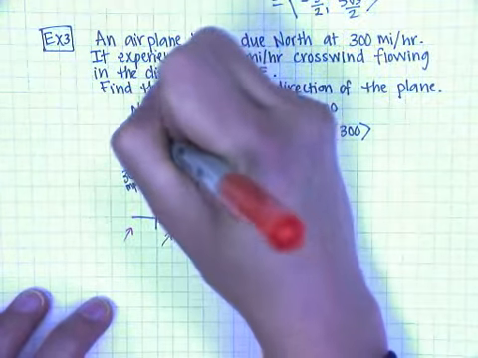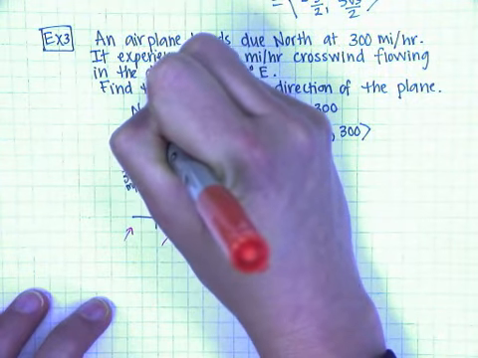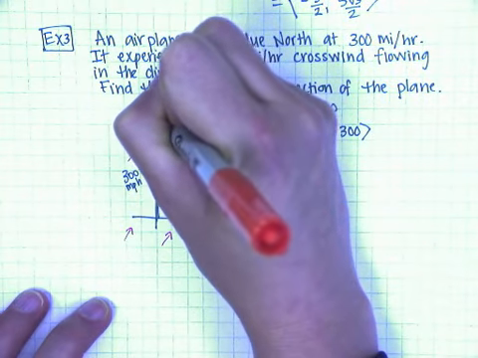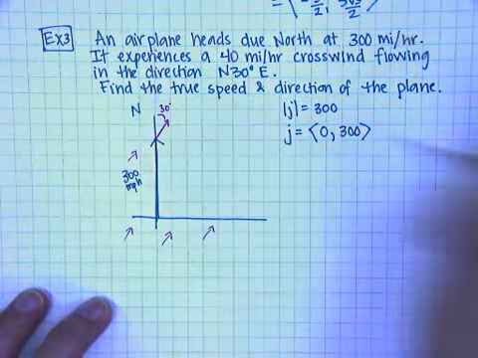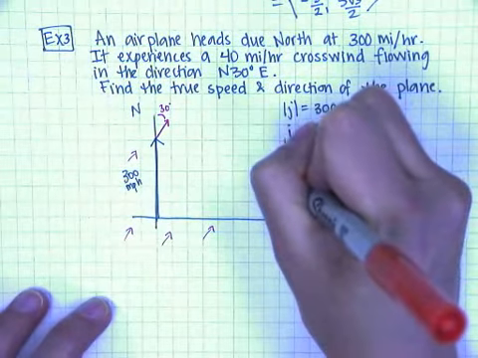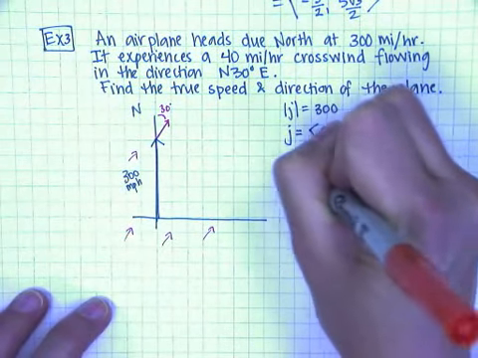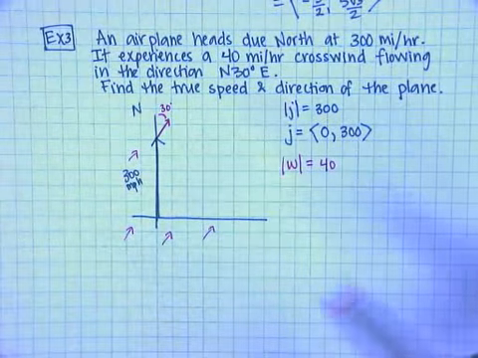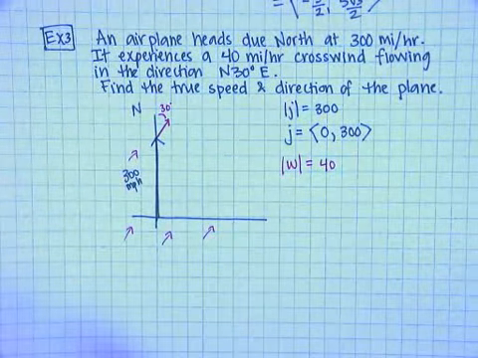So what that would look like is we would have this little wind vector coming off at a 30-degree angle, and its magnitude, I'm going to use W for the wind, is 40 because it's 40 miles per hour. So the speed there is representing the length of the arrow.